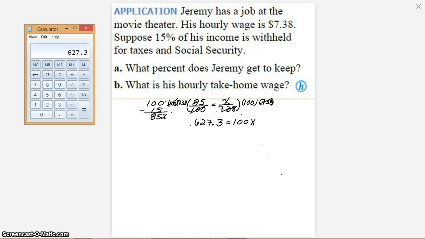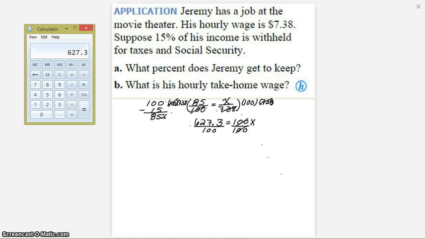So here we have 100 times x. To solve, remember, you want to get the variable by itself, and we can divide by 100 because that'll create a whole and cancel out. But what you do to one side of the equation, you have to do to the other side of the equation. So here this cancels out.